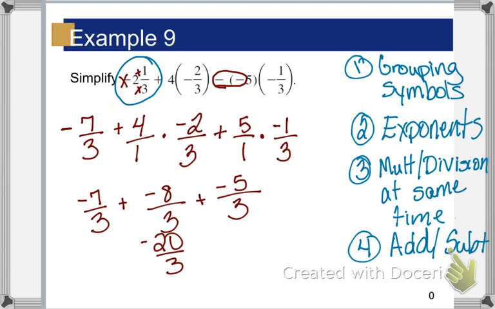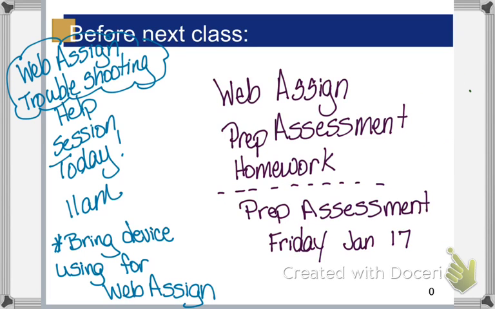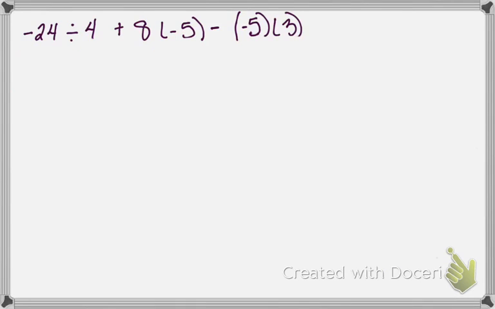Okay. Now let's put that order of operations to good use. We ready? Okay. Now, I've got negative 24 divided by 4 plus 8 times negative 5 minus negative 5 times 3. Okay?